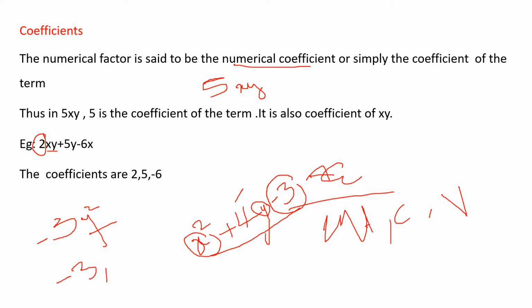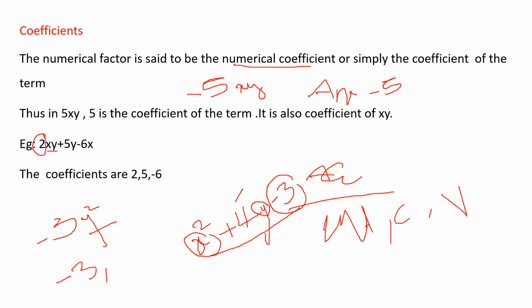You will write the answer as 5, right? If it is a negative number, you have to write it with minus. Since it is a positive number, just write 5. If it is minus 5xy, and I ask you to write the coefficient of xy, then you will write minus 5. Don't forget the symbol.